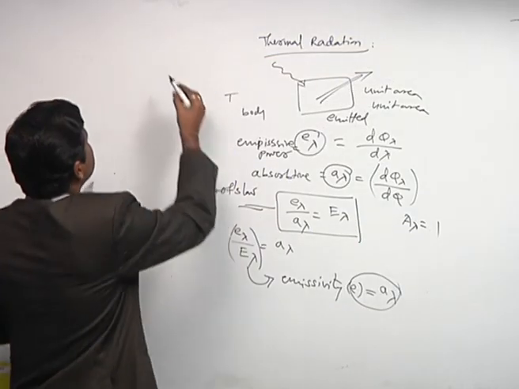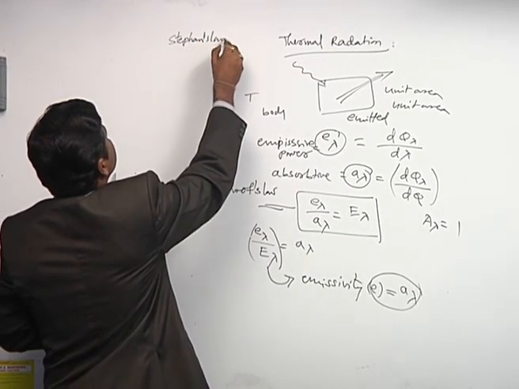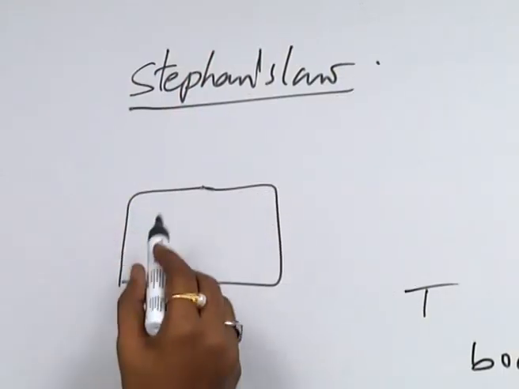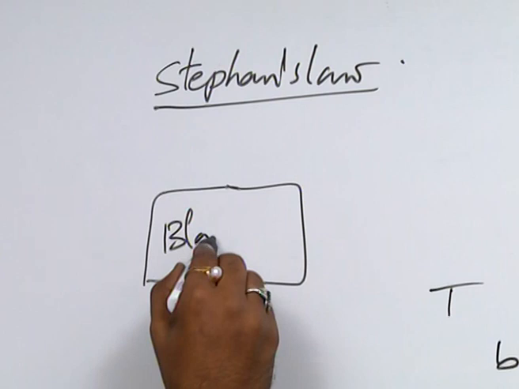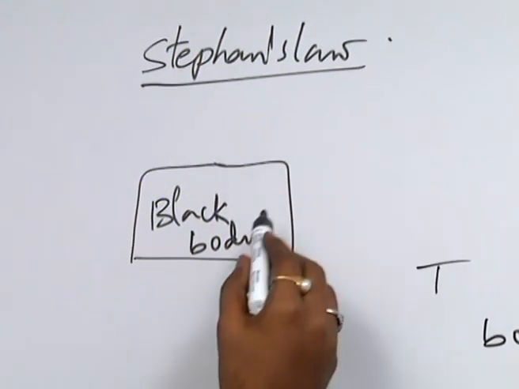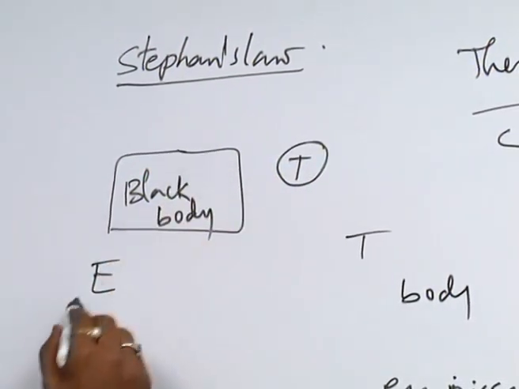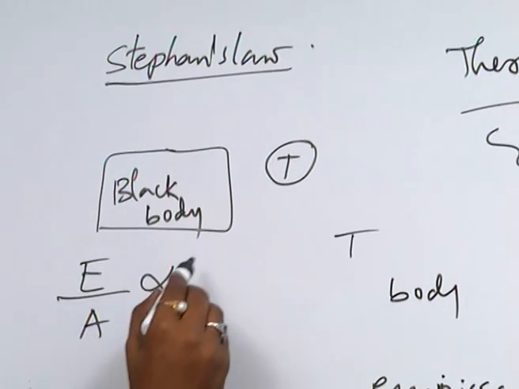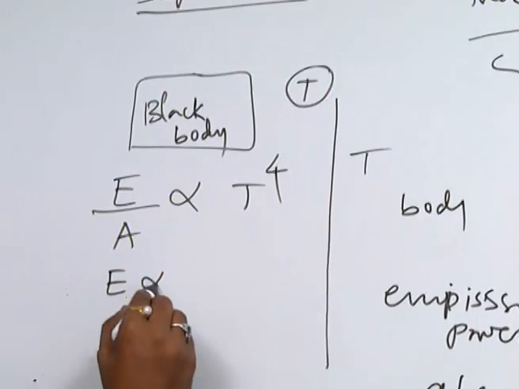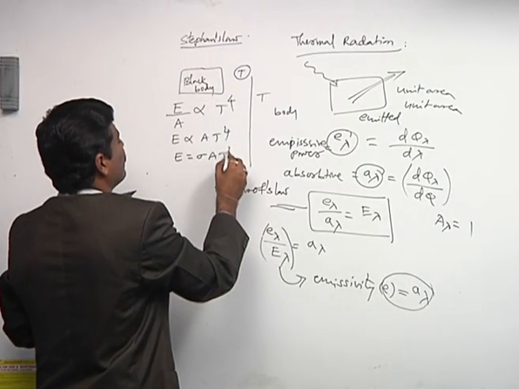So, emissivity is always equal to the absorptive power of the body. We use this in Stefan's law. Suppose there is a body; consider it a black body. The energy radiated per unit area at absolute temperature T is directly proportional to the fourth power of its absolute temperature: E proportional to T to the power of 4, E is equal to sigma T to the power of 4.